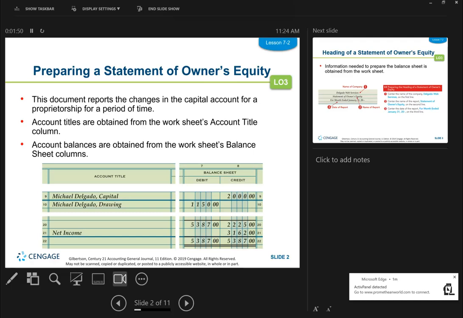Account titles are obtained from the account title column in our ledger or from our worksheet. Account balances are obtained again from the worksheet's balance sheet column. Remember that the worksheet had 3 sets of debit and credit columns, right?